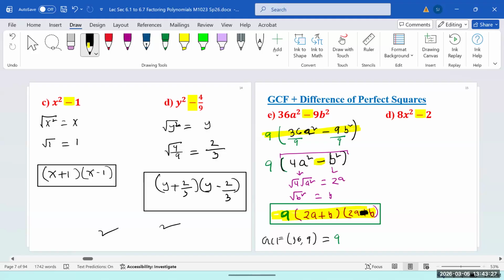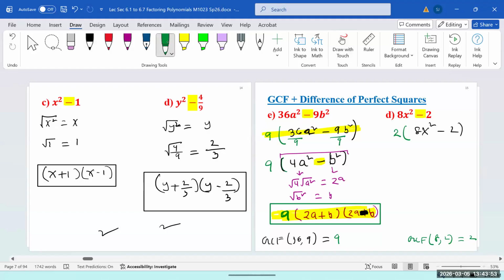Sheikh. The GCF is 2, so you factor out 2. So what do you get? Yeah, but when you factor out 2, you have 8x squared minus 2, right?